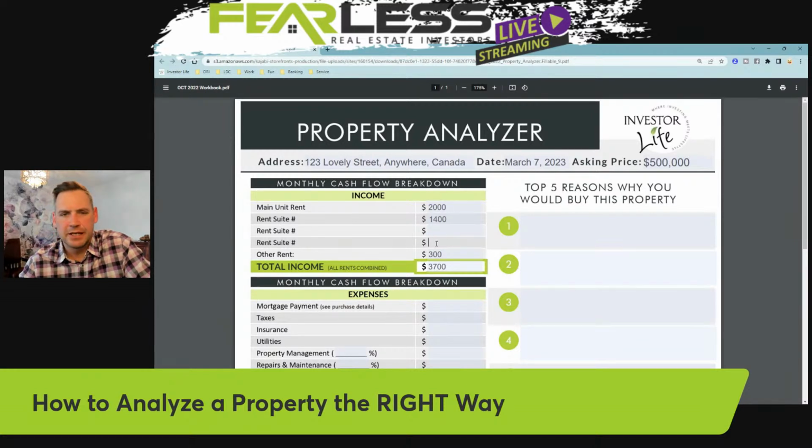Where do we get these numbers? Well, we want to be talking to our property manager. We want to be researching what similar type properties rent for in that particular neighborhood, city, province. We want to know these things before we start putting in offers on properties. That's why we're doing it at the analysis section of this, guys.